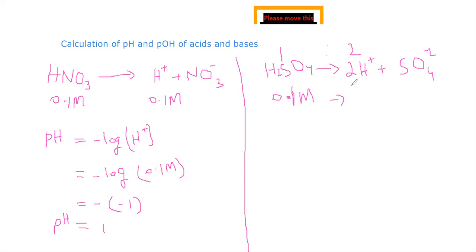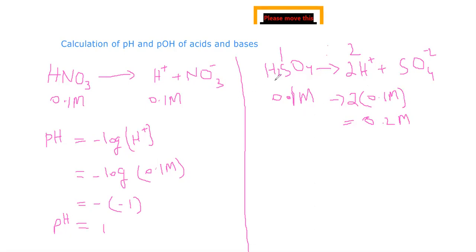So you have to multiply the 0.1 molar concentration by 2, and the final concentration would be 0.2 molar.